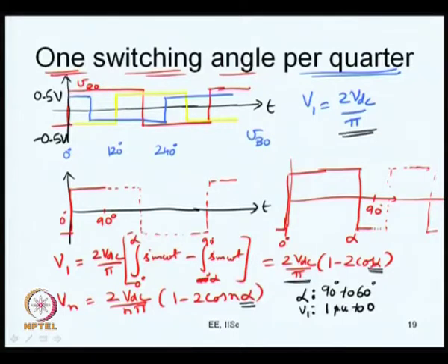And you see, with alpha, this variation is cosinusoidal. It is a transcendental function, but here alpha varies only from 90 to 60 degrees. If you look at, for example, the fifth harmonic, for this variation of alpha between 90 to 60 degrees, 5 alpha will vary between 450 degrees to 300 degrees. So, that is a larger amount of variation.